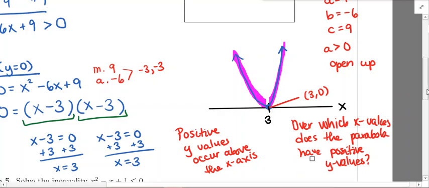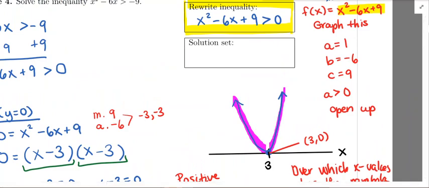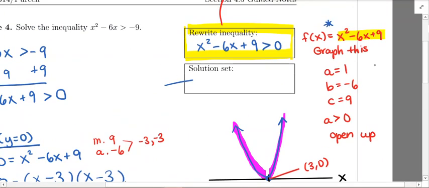So the solution set, every single x value that you can plug in to make this a true statement, is all real numbers except x equals 3.